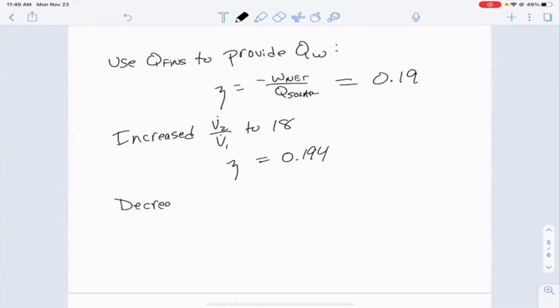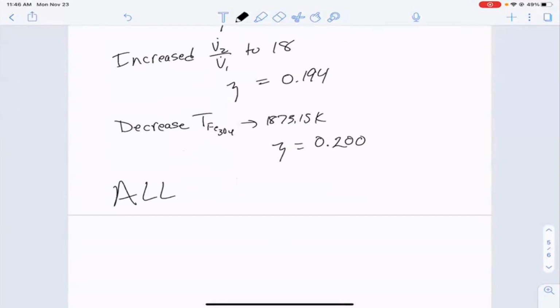And if we decrease the temperature that we have to preheat the solar to 1873 Kelvin, then the efficiency equals 0.200 actually. And if we do all of them, we can get the efficiency equal to 0.23. So the efficiency is still kind of low, but through a combination of these things, we do increase the efficiency by 30%.